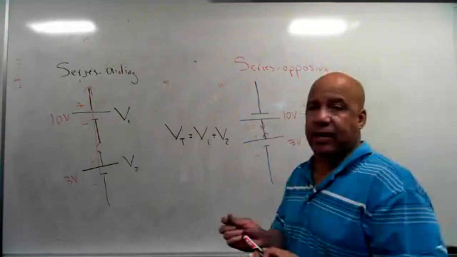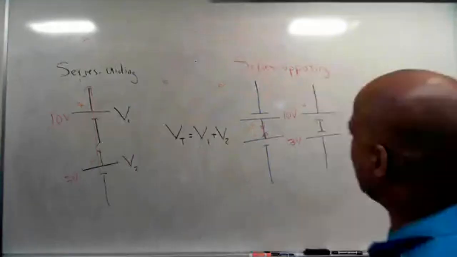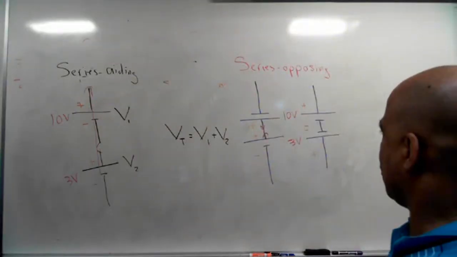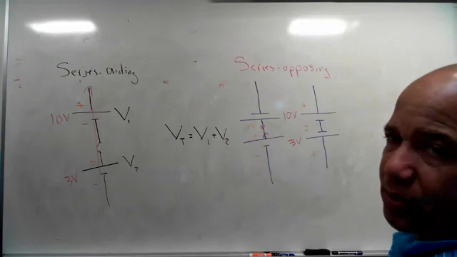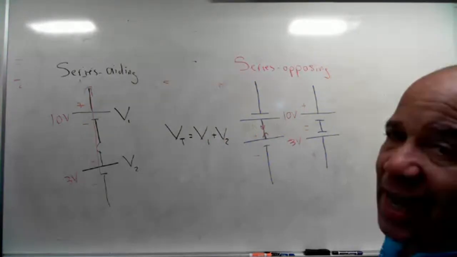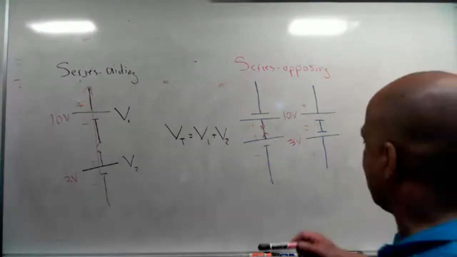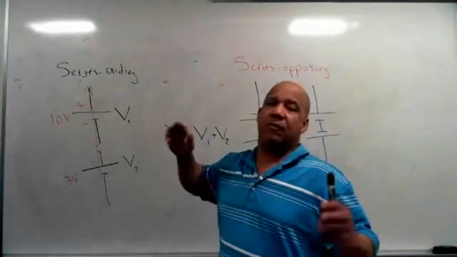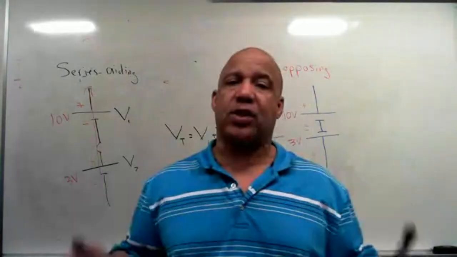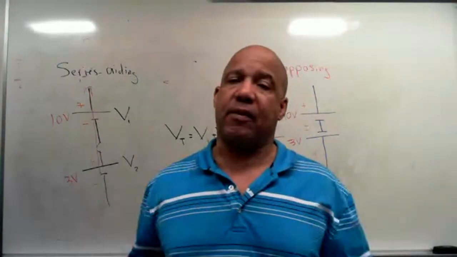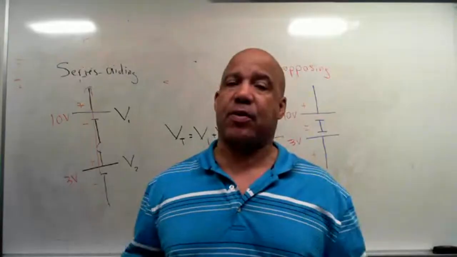So I have series aiding, I add them up to get the total voltage, and series opposing, I subtract them to get the total voltage, and then the polarity after subtraction would be the polarity of the bigger voltage source. Now, having said that, 99 times out of 100, when we do this, what we want is this one. We connect voltage sources in series to increase voltage. I'll say that a second time. We connect voltage sources in series to increase voltage.